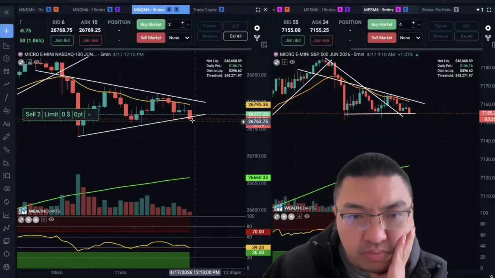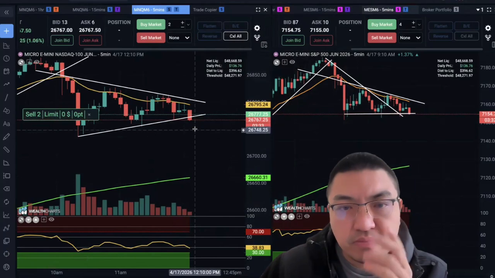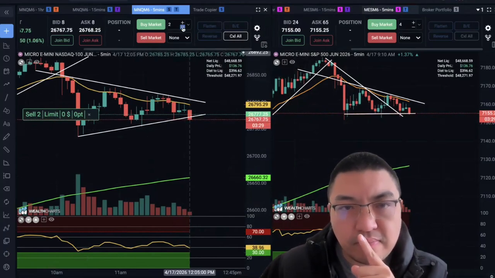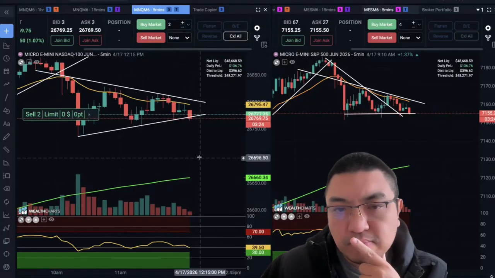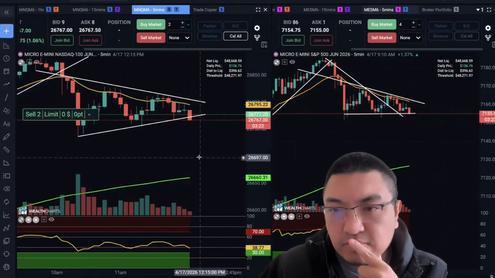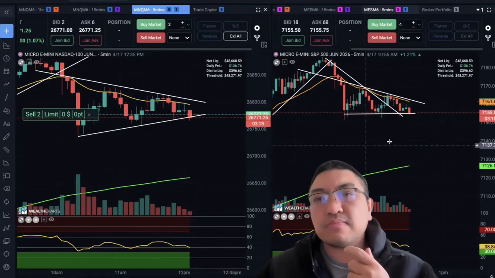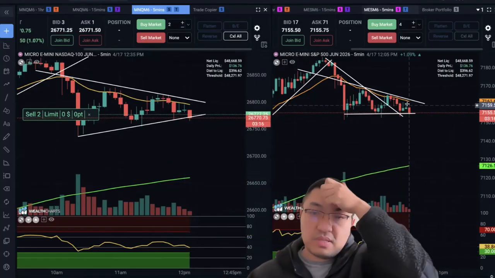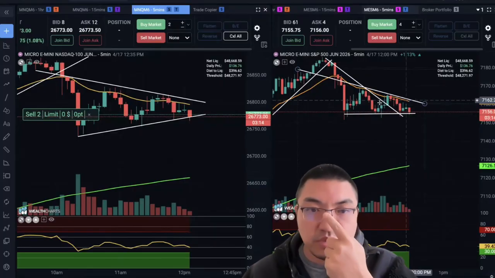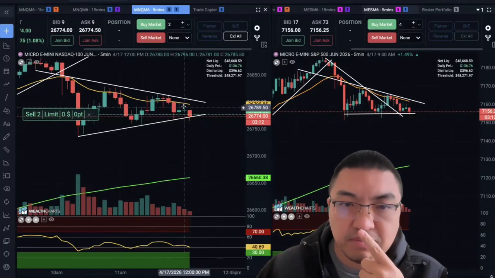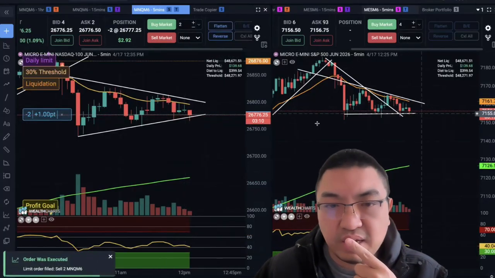And lower low. When you fight back, it gets rejected by EMA 21, which happens on both NQ and ES.